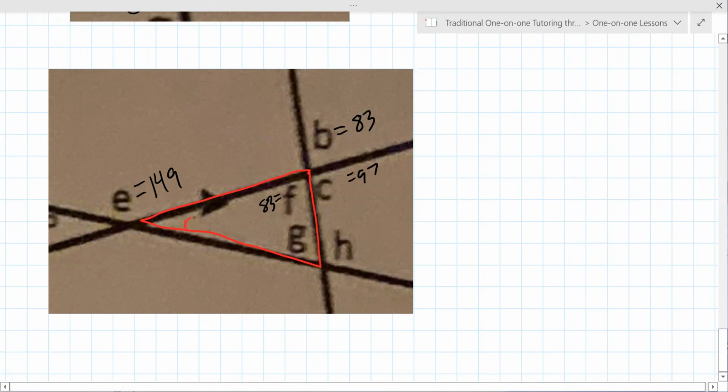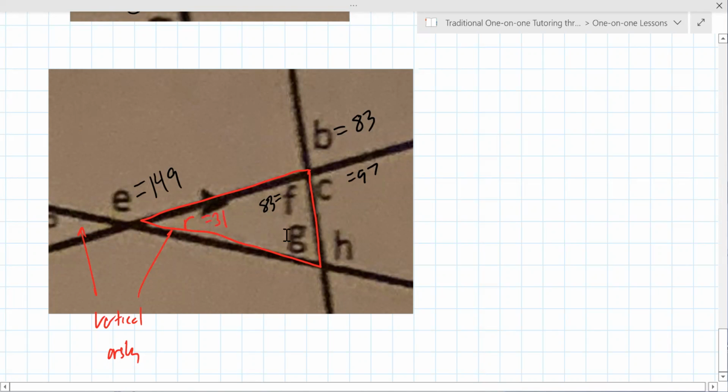I'll call this R, angle R. Notice that R is the same as this one over here on the left because they're vertical angles. So we're solving for G. We wouldn't be using 180 in this scenario, well, we will, but we've got to find angle R. Angle R is 31.